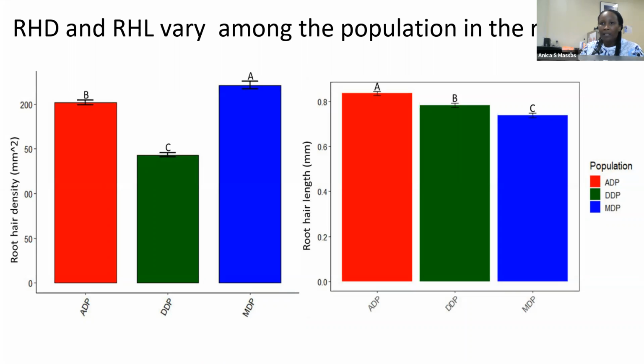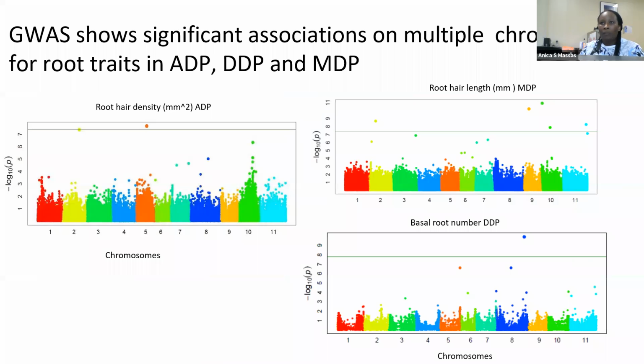After we looked at the variation, we ran the GWAS. We ran the GWAS for the 3 populations and for 5 traits: basal root number, basal root whorl number, root hairs, and taproot length.